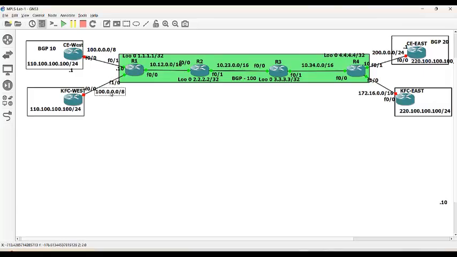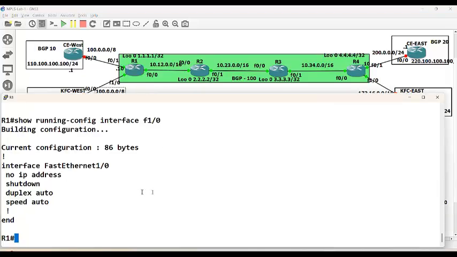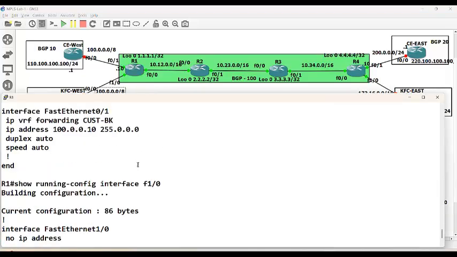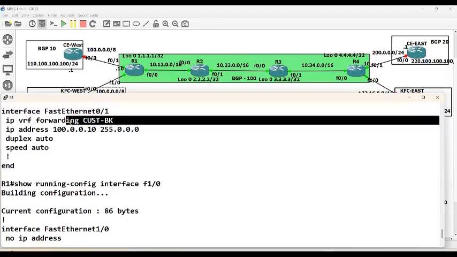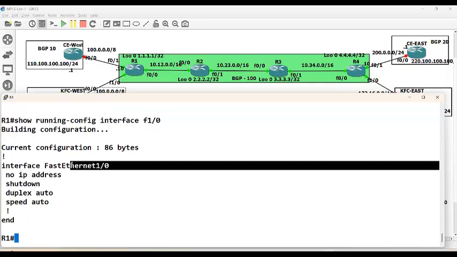I want to use the same IP address which I used on F01. Is that possible? Yes, it is possible because this F01 is in a different control plane. And for F10, I'm going to create another control plane for KFC. Because they are in two different control planes, I can have the same address.